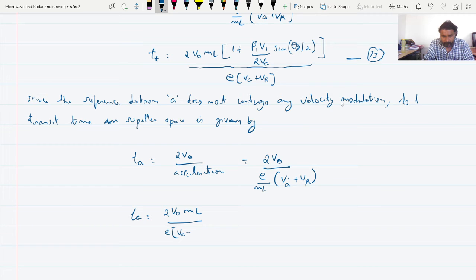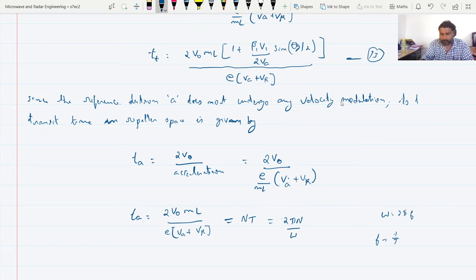So that I call N into T, which I can write as 2 pi N by omega. This omega is nothing but 2 pi F, and F is nothing but 1 by T.